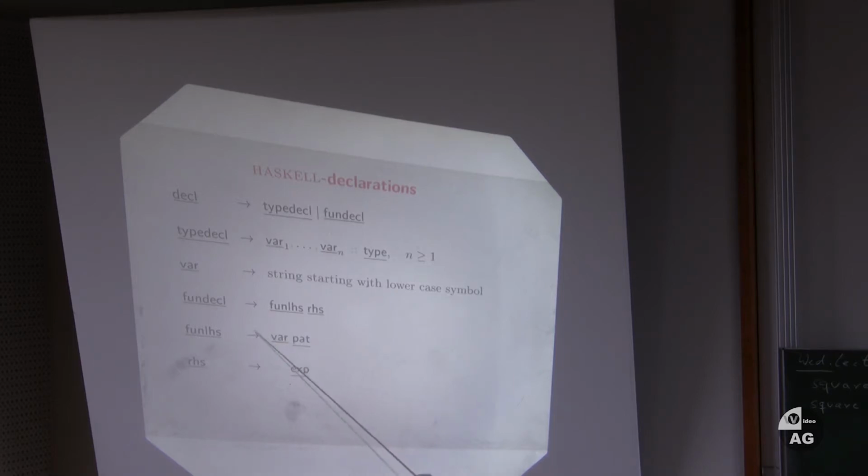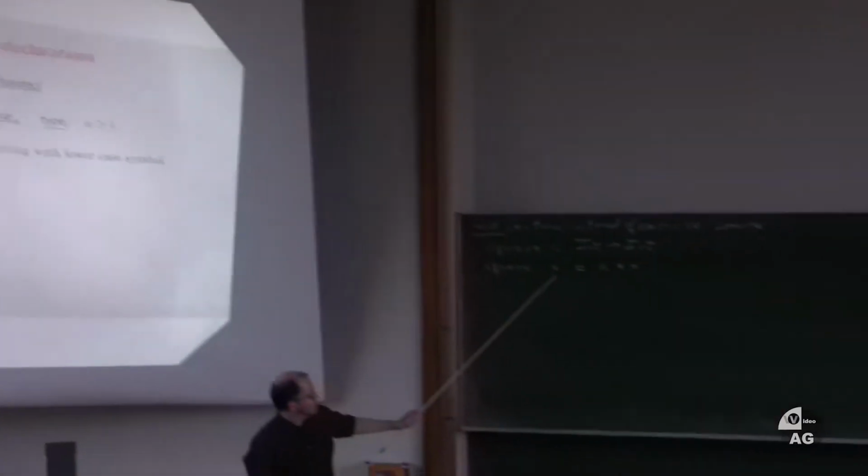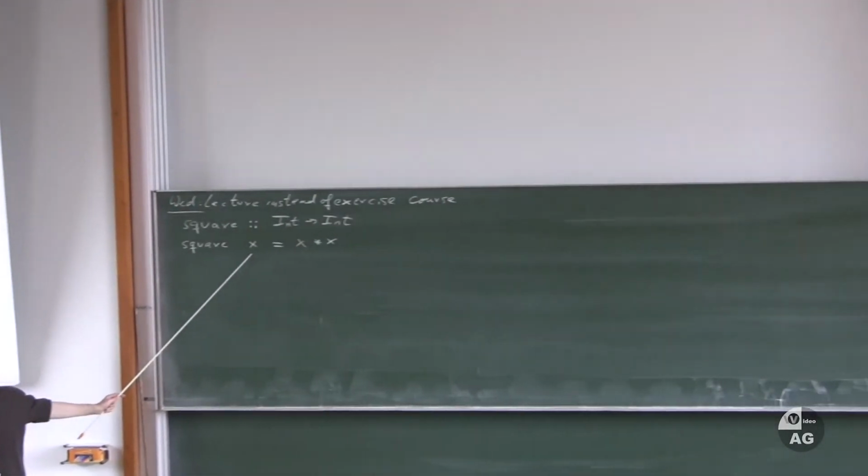Okay, then what are function declarations? Well, function declarations consist of a function left-hand side and a right-hand side. The function left-hand side, that's the part that is left of the equality sign. So it's the variable, the name of the function, and a pattern. And a pattern is a special expression that describes the form of expected arguments. In our example, the pattern is x, and that describes that we can use any argument here.